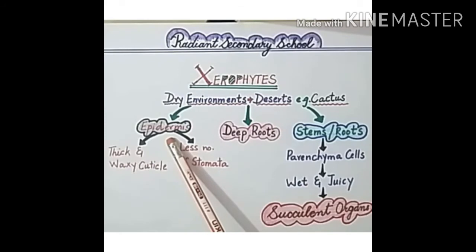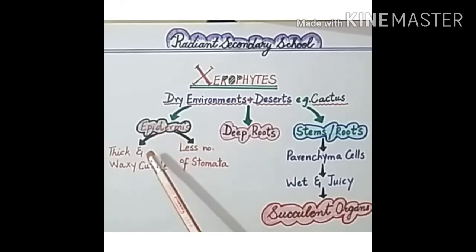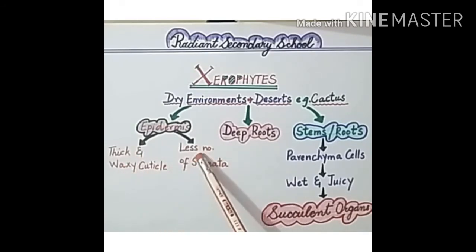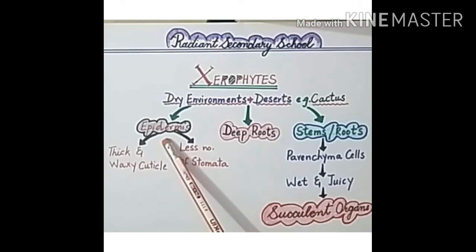First one is epidermis. On the epidermis of these plants, there is a thick and waxy cuticle, and they also have less number of stomata on their epidermis.